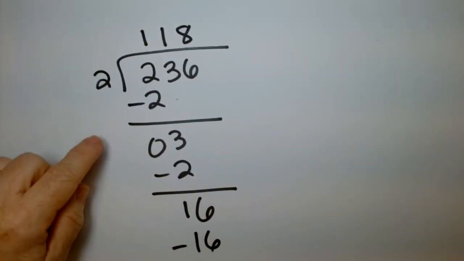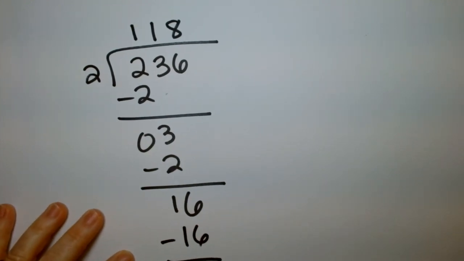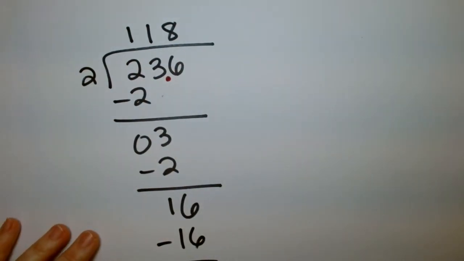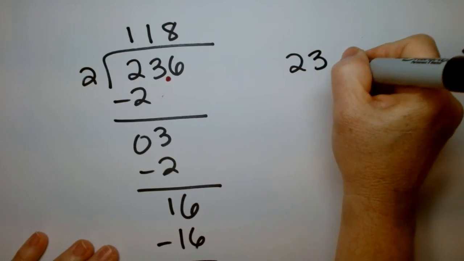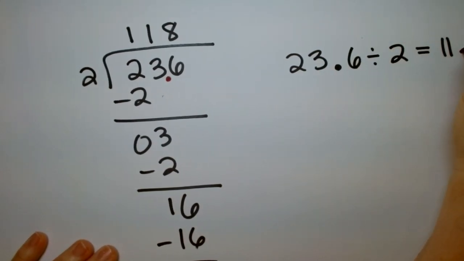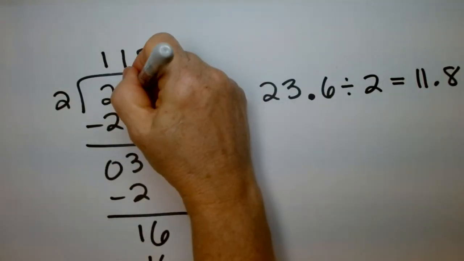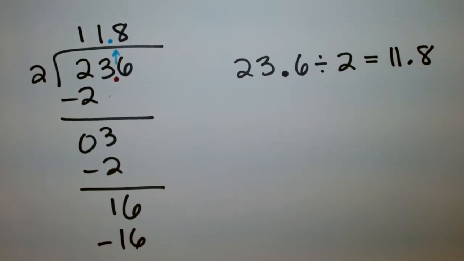Is this looking like something you probably learned years ago? Yes? Okay. So if my decimal point is there, what am I saying? I'm saying 23.6 divided by 2 equals 11.8, because all we're doing is pushing up this decimal point right up there. So that's how you handle it.